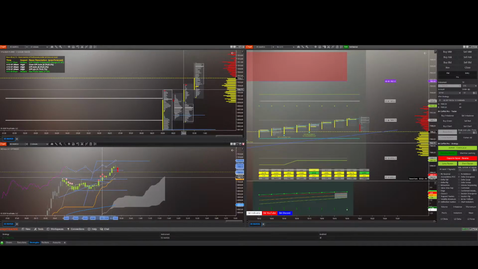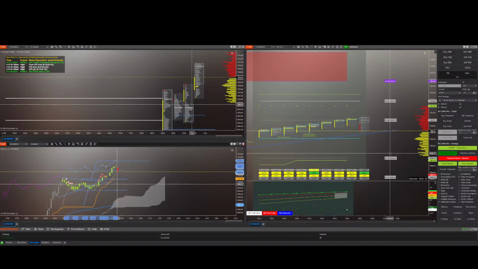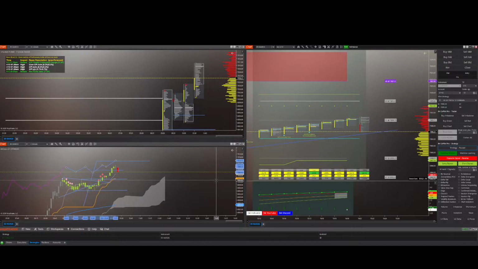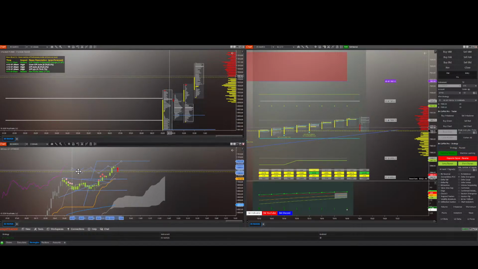So guys, if that's the expectation that I'm thinking for the Chikou trail, then that's the expectation that I'm looking at for price.